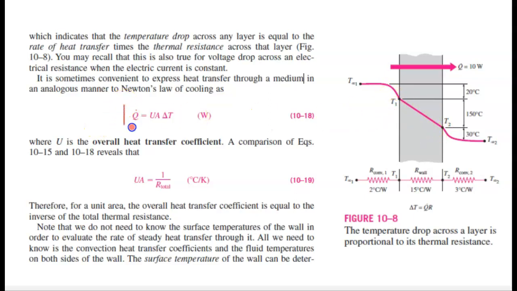According to Newton's law, we got Q equals UA delta T, where U is the overall heat transfer coefficient. Now UA equals 1 over R total, where U is the heat transfer coefficient and A is the area. If the area is a unit area, which means the area is 1, U will be equal to 1 over R total. Okay, let's go to the next one.